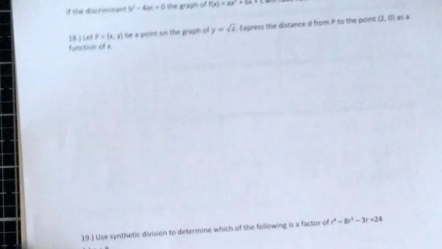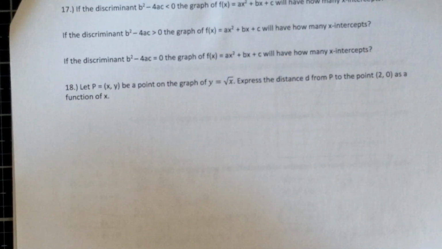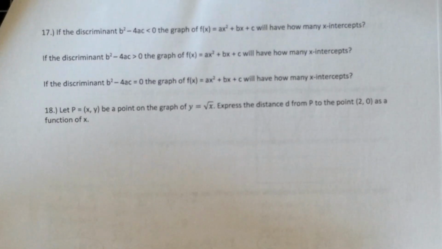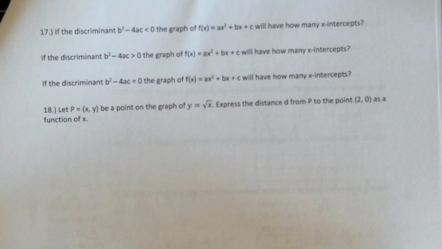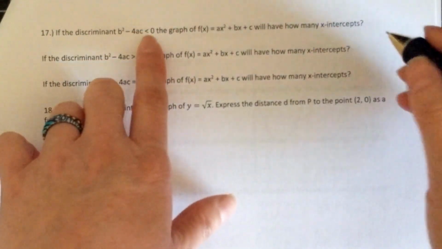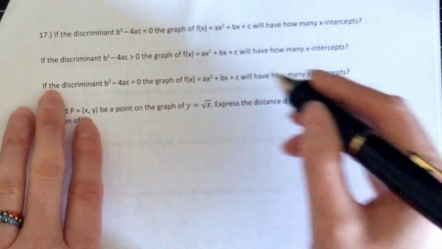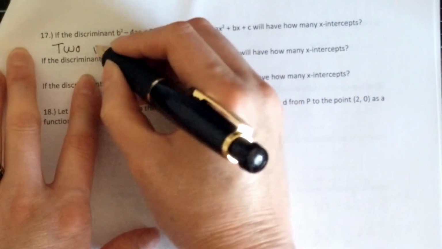Okay, question number 17. If the discriminant b squared minus 4ac is less than 0, the graph of f of x equals ax squared plus bx plus c will have how many x-intercepts? So if it's less than 0, you will have 2 imaginary or complex roots. These are just definitions, honestly.